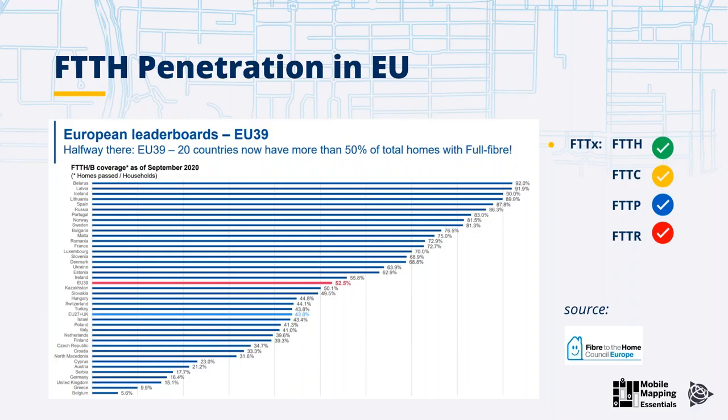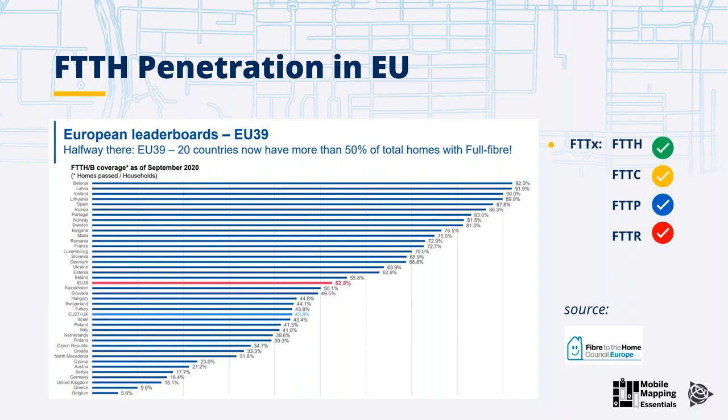The fiber optic technology, or FTTX if you like, can be split into different kinds of broadband communication services. FTTH stands for fiber to the home, which means the fiber optic network providing connectivity arrives directly to the router of the user.